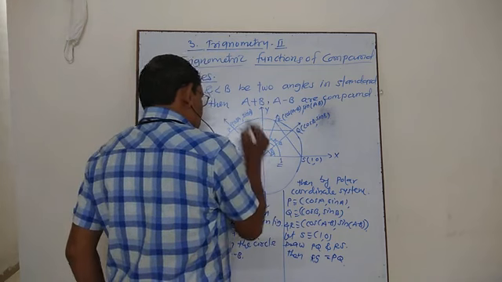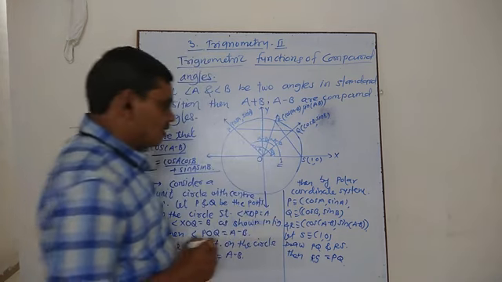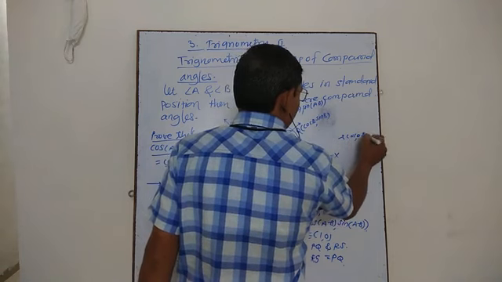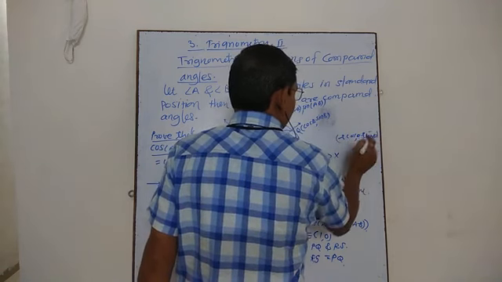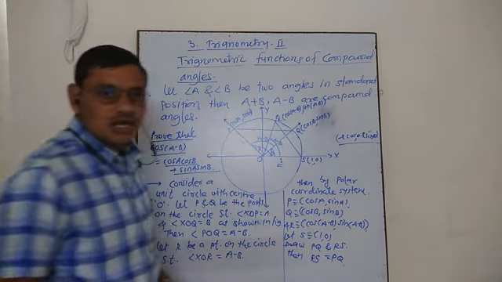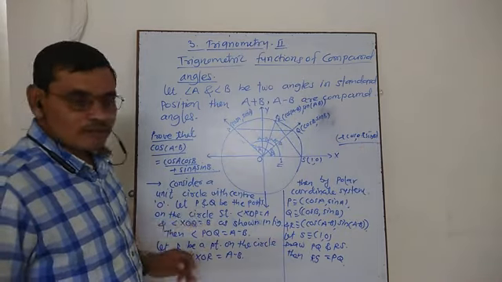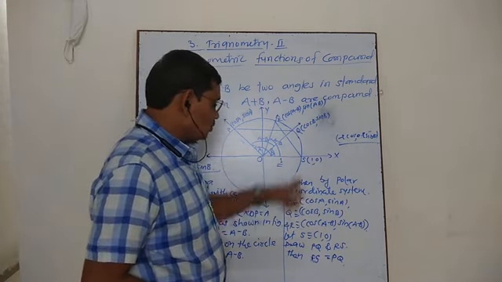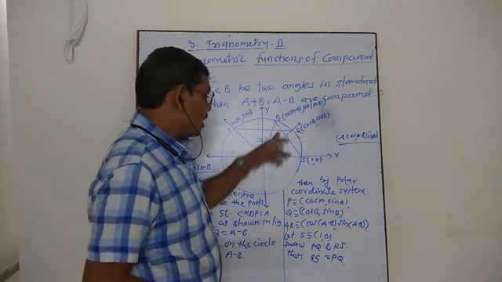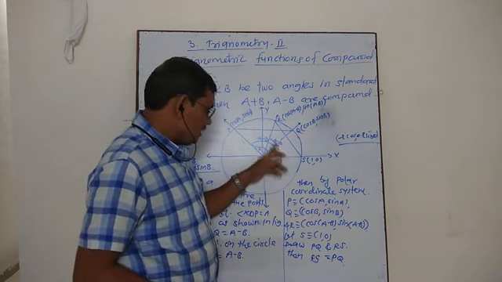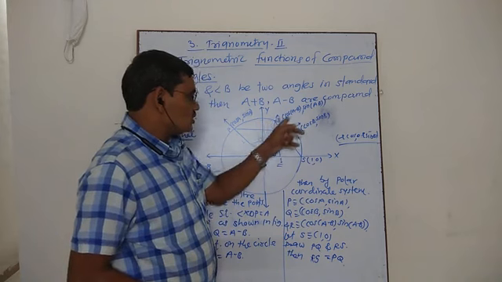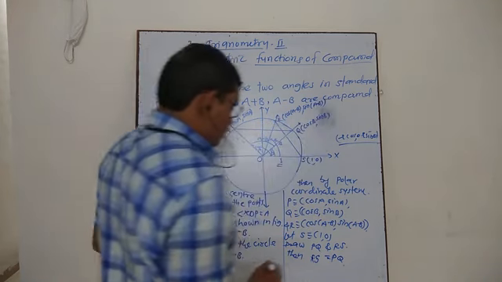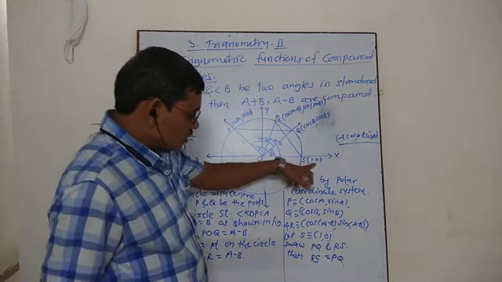Since this length is 1, and our formula is R cos theta, R sin theta, so R is equal to 1 and theta is equal to A. So it is cos A, sin A. Similarly, Q is cos B, sin B, and R, this angle is A minus B, so this is cos A minus B, sin A minus B. And S is 1, 0.